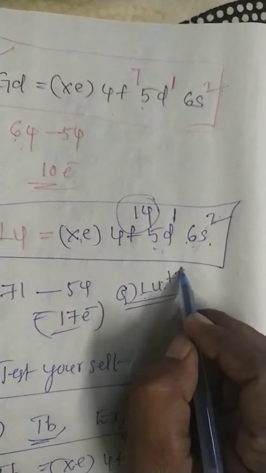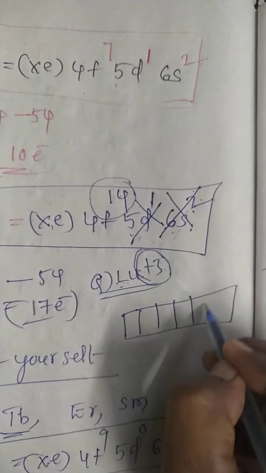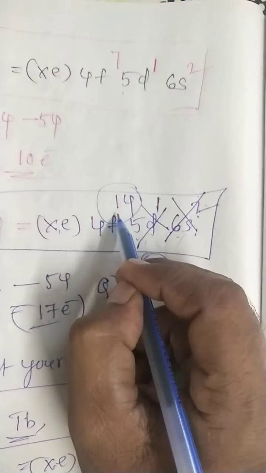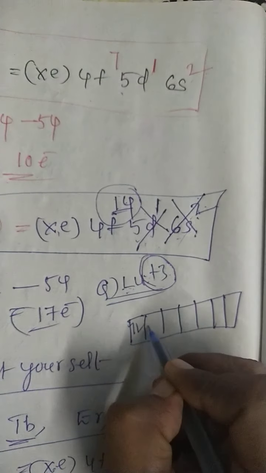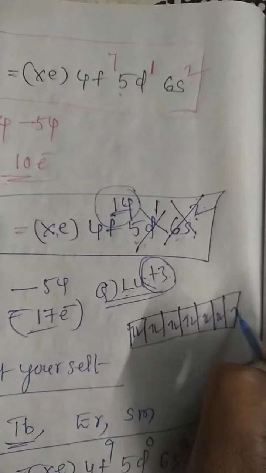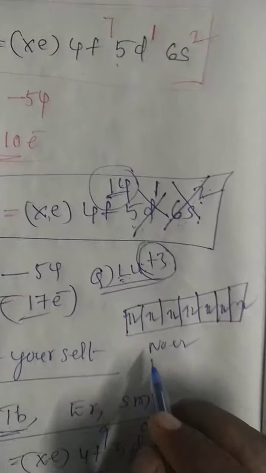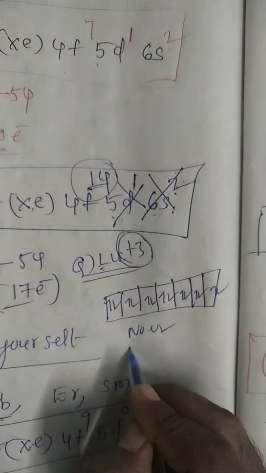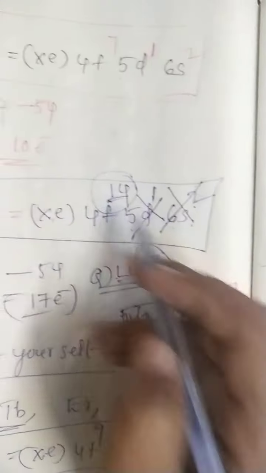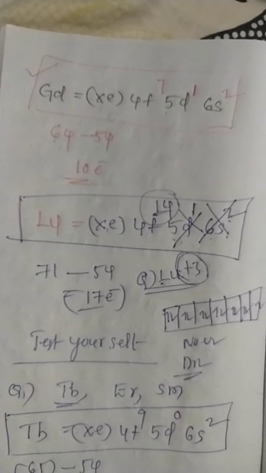So the f orbital has 7 sub-energy levels, and how many electrons are there? 14 electrons. So there is no unpaired electron. So lutetium plus 3 has no unpaired electrons, and therefore it is a diamagnetic substance because there is no unpaired electron. It's clear, my dear students. Now one more question, see carefully.